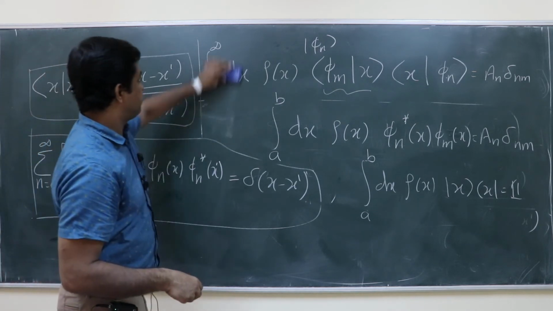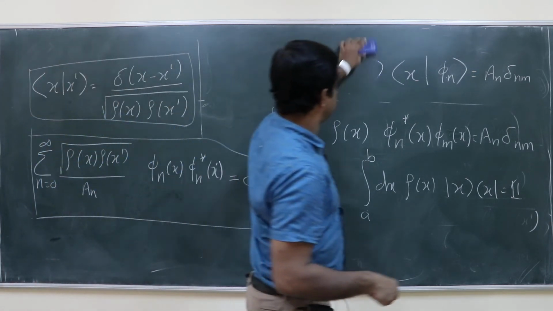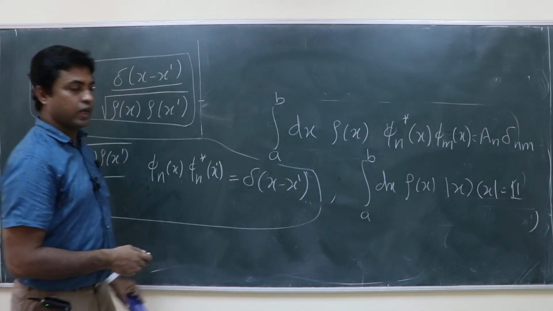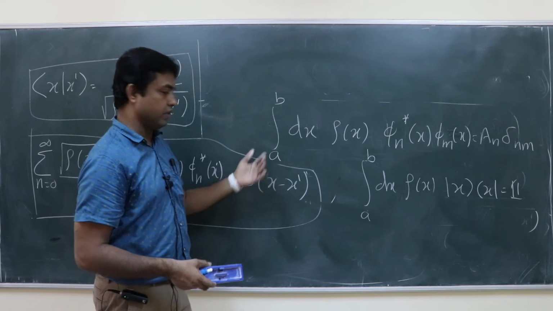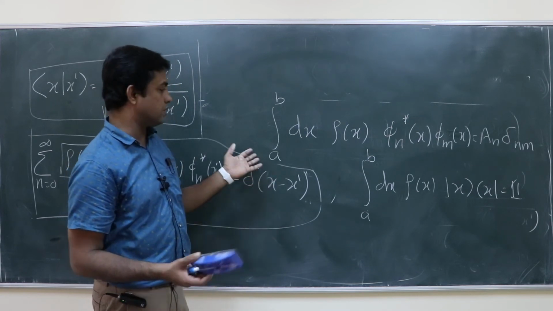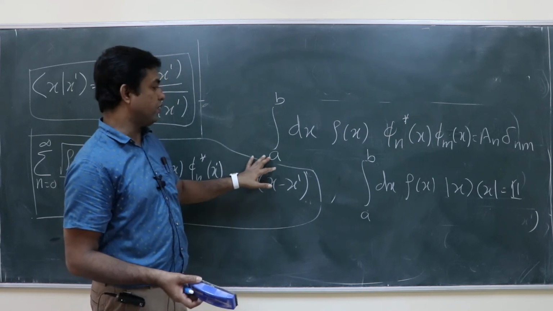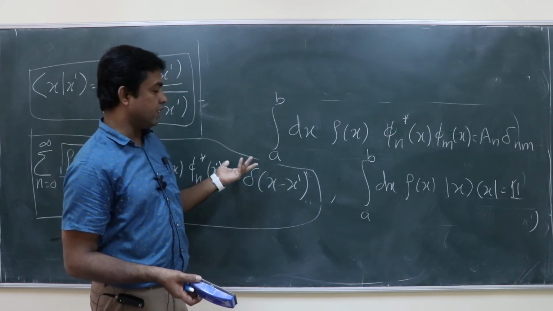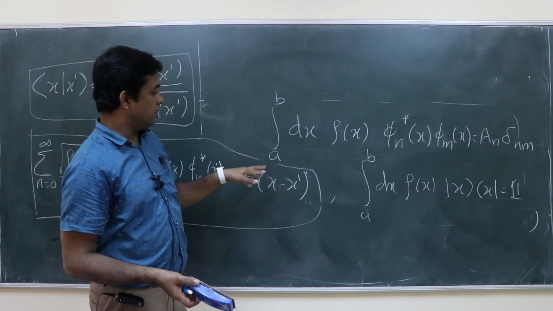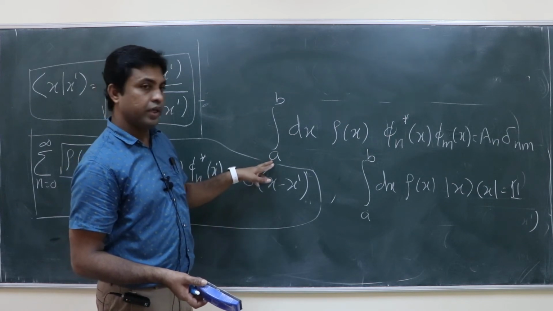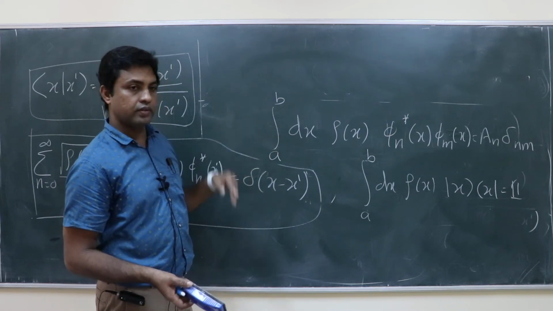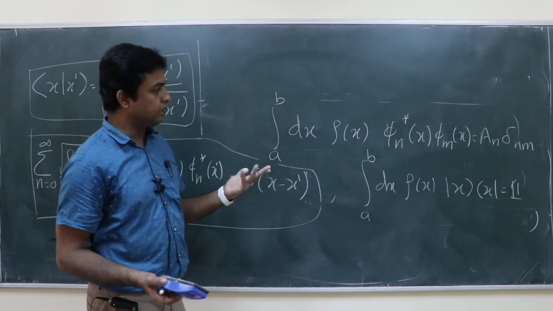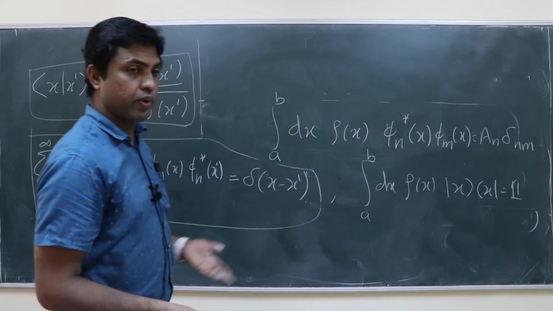The polynomials we are going to consider will have different intervals. For Hermite polynomials, a is minus infinity and b is infinity. For Legendre polynomials, it is from minus 1 to 1. For Laguerre polynomials, it is from 0 to infinity. There are also Chebyshev polynomials, so many polynomials.